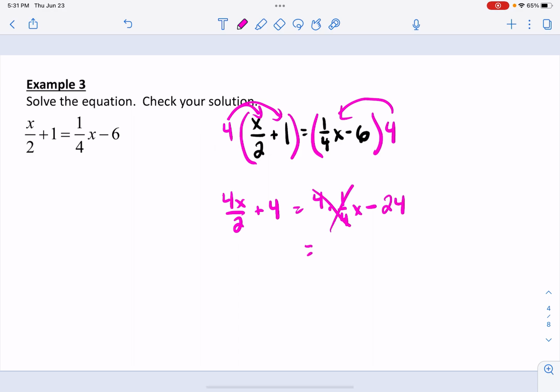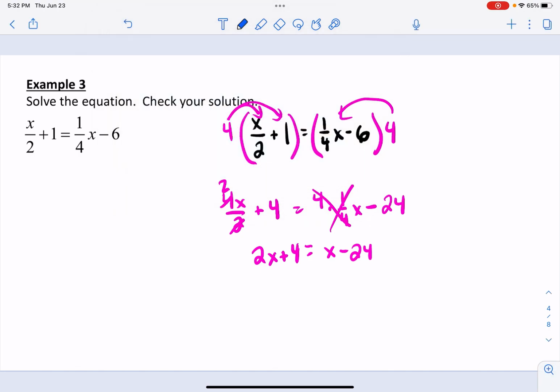Those cancel. So the right side equals x. I'm sorry, the right side does not equal x. The right side is x minus 24. This left side, this cancels to be a 2. So now I don't have fractions. Okay, clearing out those fractions helps you out.